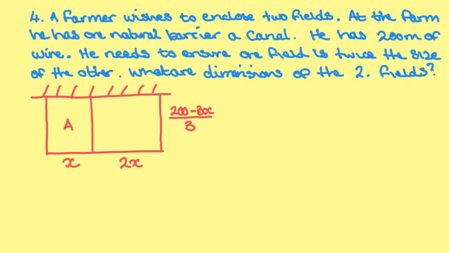So we've now got 2 fields, A, and we'll call the second one B, and I'm going to work out the total area for those 2 fields.